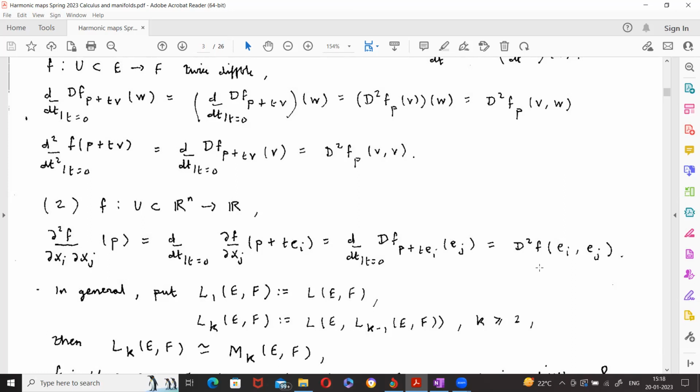That's it. So what does that tell me? That tells me that the value of this bilinear map on the basis vectors ei, ej is nothing but the second partial derivative del squared f del xi del xj.